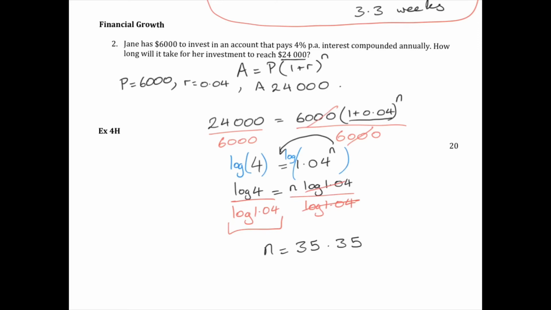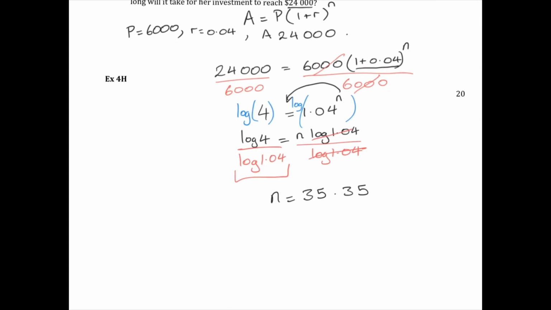Now, that means it takes 35.35 years. So, but I'd like to try and write this as years and months. So first, I'm going to write, therefore, it takes 35.35 years, or you could even say 35.4 if you round it to 3 significant figures.